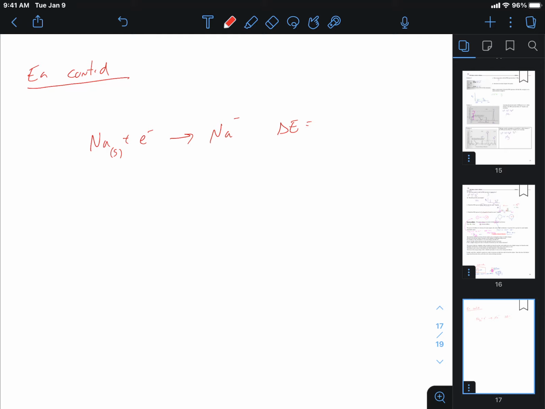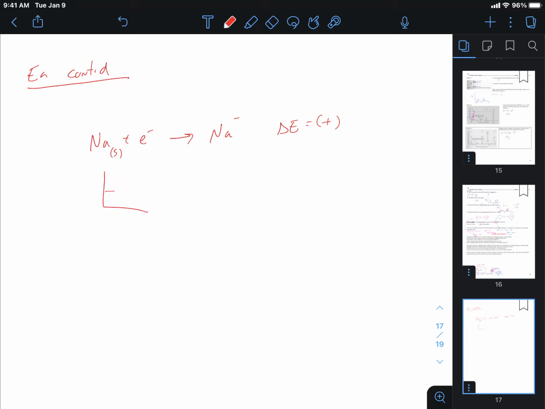Well, for one thing, metals barely have enough of an attraction to hold on to their own electrons. If they can barely hang on to their own, what do you think the likelihood is they're going to be able to take an electron from somewhere else? Not likely, right? This is going to be a positive electron affinity because it's going to become less stable by trying to juggle an additional electron that it cannot grab onto.